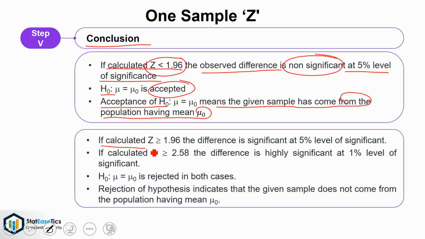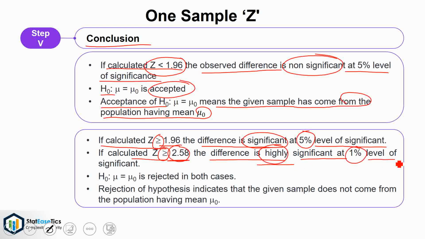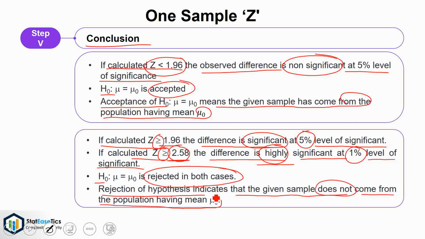Whereas if calculated Z is greater than or equal to 1.96, the difference is significant at 5% level of significance, and if the calculated Z is greater than or equal to 2.58, the difference is highly significant at 1% level of significance. And H0 is rejected in both cases. Rejection of hypothesis indicates that the given sample does not come from the population having mean mu 0.